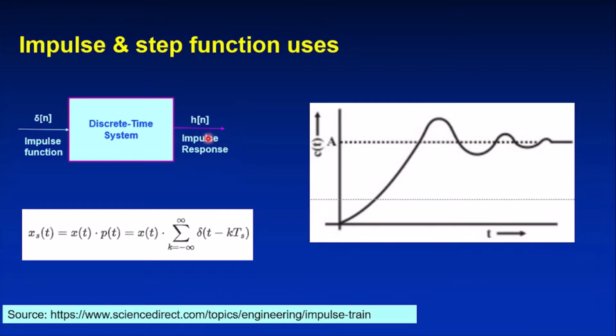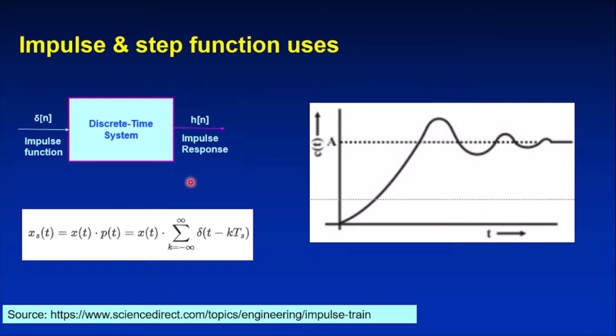It is the response to an impulse function. Once an impulse function is applied as an input, the response that you get is denoted as the impulse response. Why it is important is that once we know the impulse response of a system, we can find the response of that system for any arbitrary signal x of n. So that's the advantage of the impulse response.